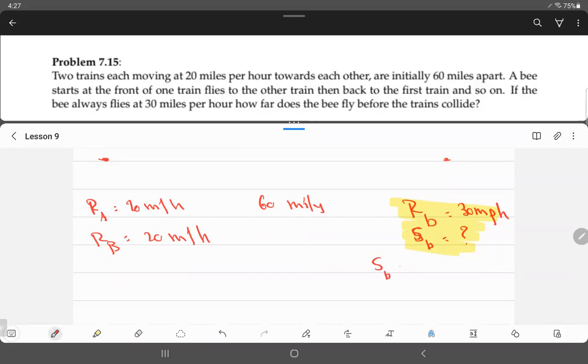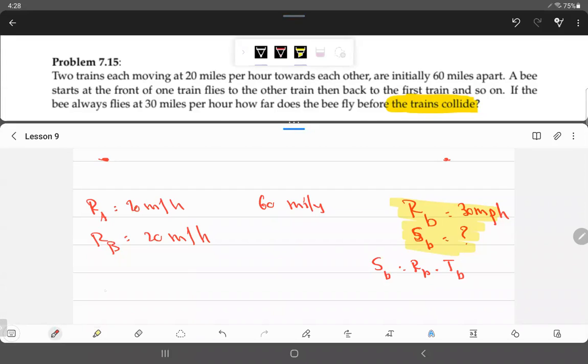SB equals RB times TB, right? The rate of the B, we know it, 30 miles per hour. We need to get the total distance that the bee has flown. But we need to get the time. What do we know about the time? The time when the trains collide.